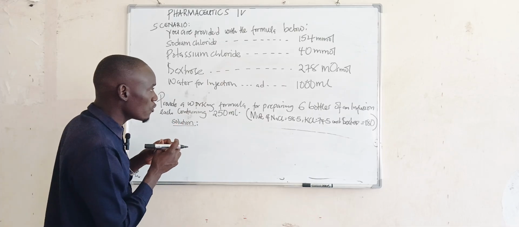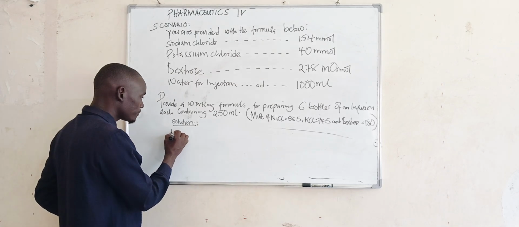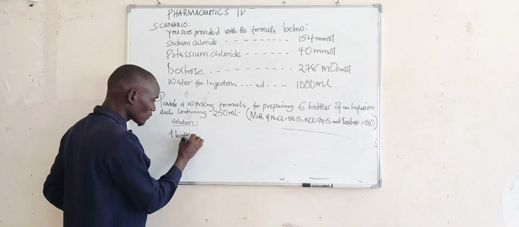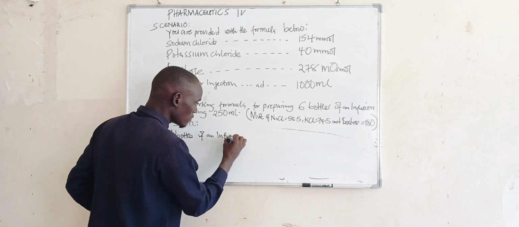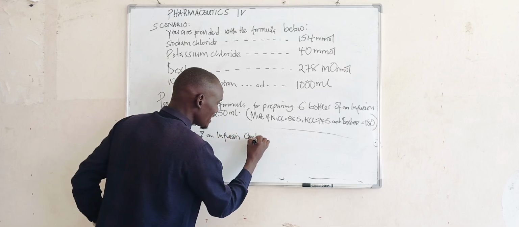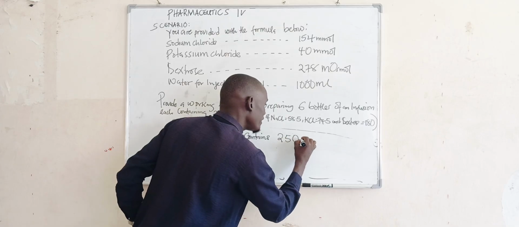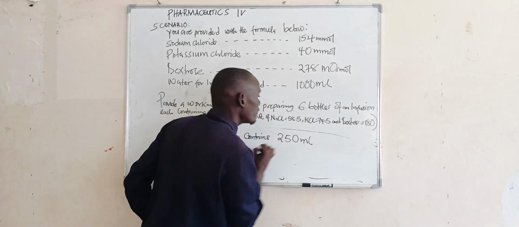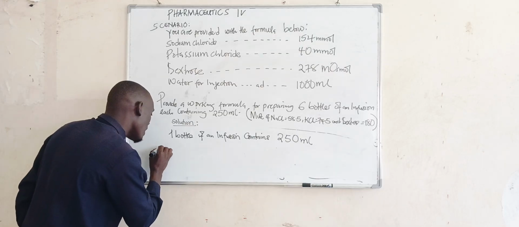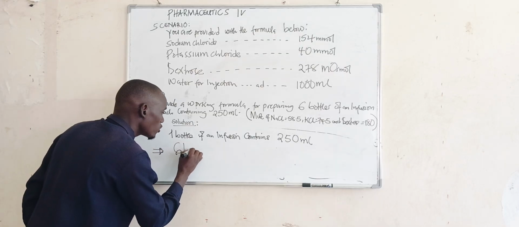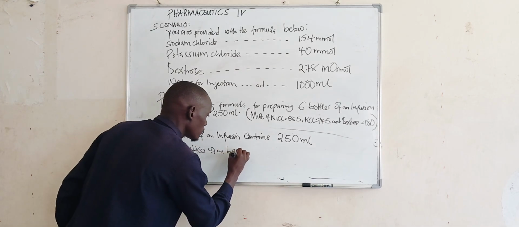So from first principle, we shall say that 1 bottle of an infusion contains 250 ml of solution. How about the required 6 bottles of an infusion?